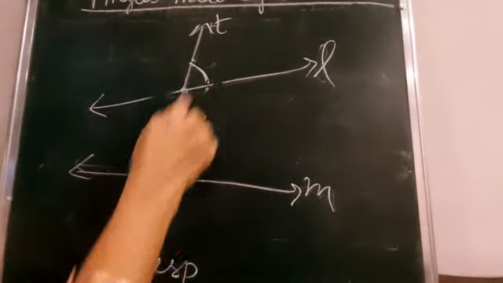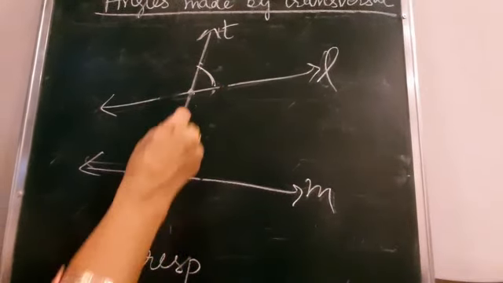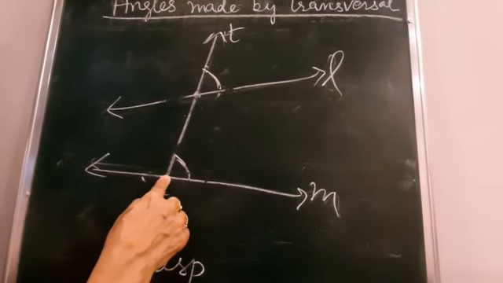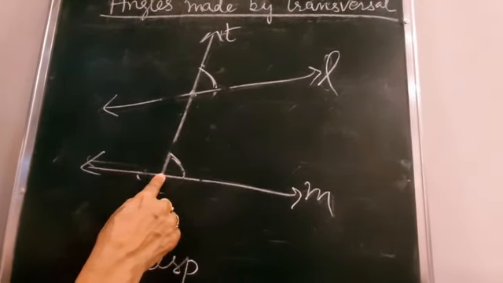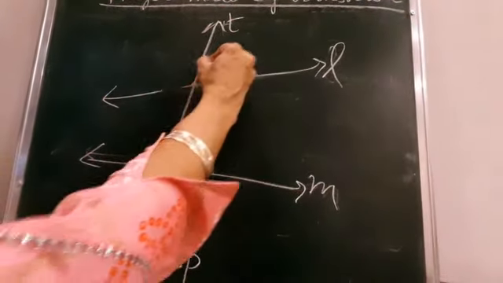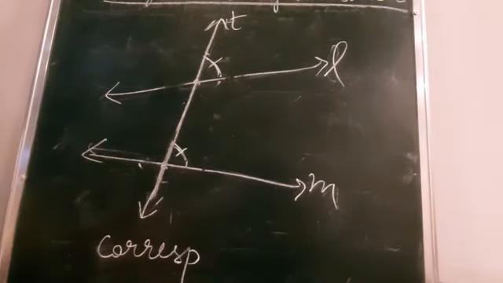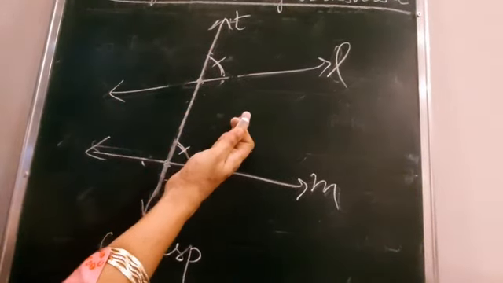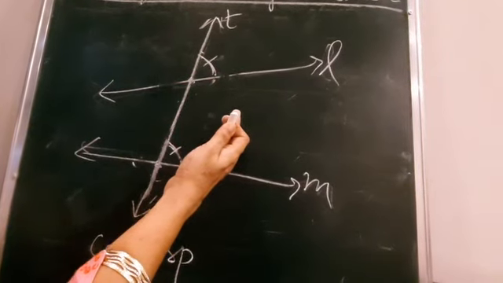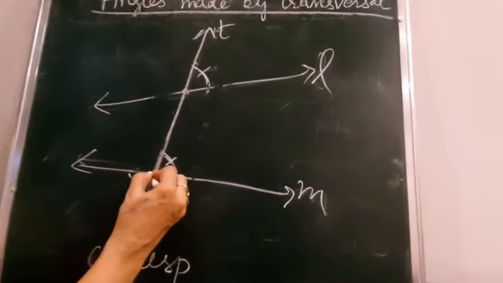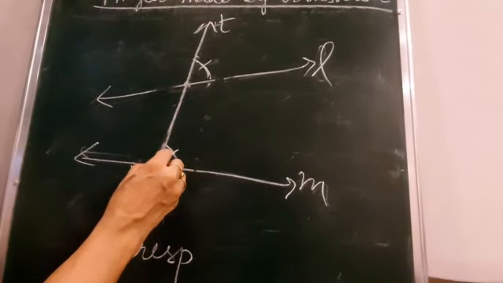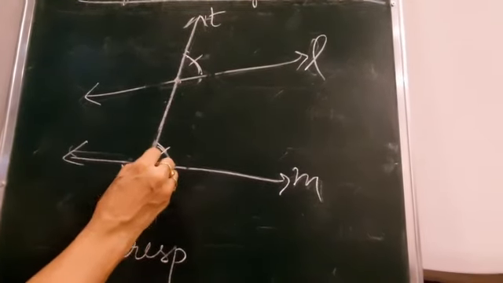These two angles are corresponding angles because they both have different vertices, first condition, and second condition, they are on the same side of transversal. This is transversal and both the angles are on the same side. This is the pair of angles. Corresponding angles are always in pair and both the angles have different vertices. These two conditions are for the corresponding angles.